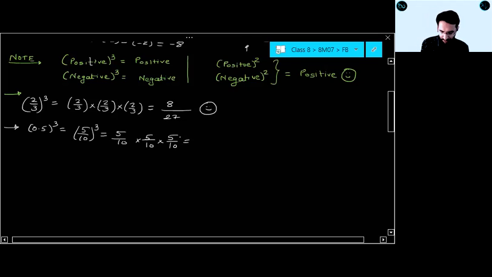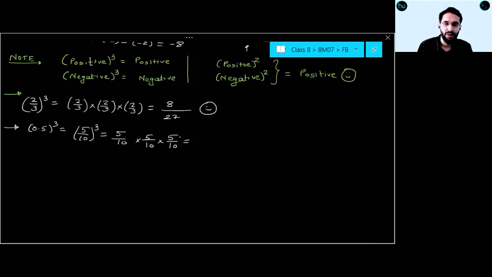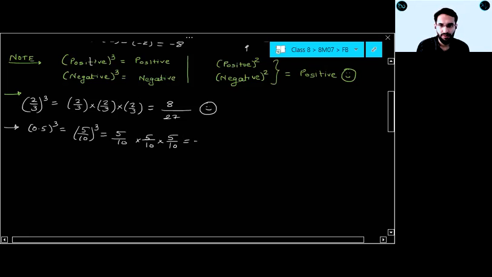What is 5 cube, everyone? 5 into 5, 25. 25 into 5 will give you what? 5 5s are 25. 25 5s are 125. Very good. Now 10 tens are 100. 100 tens are 1000. So 125 by 1000 will give you what? 0.125. So cube of 0.5 will give you 0.125.